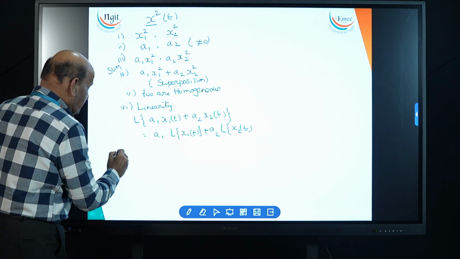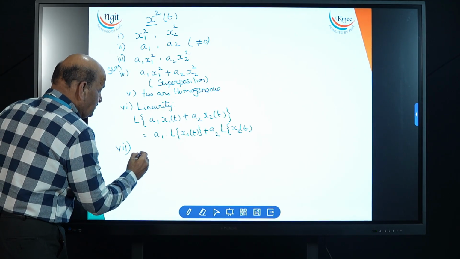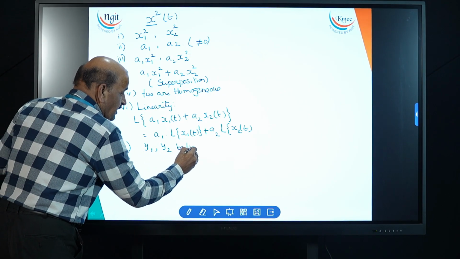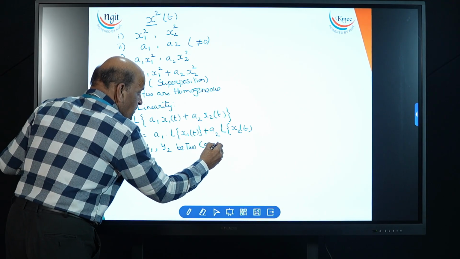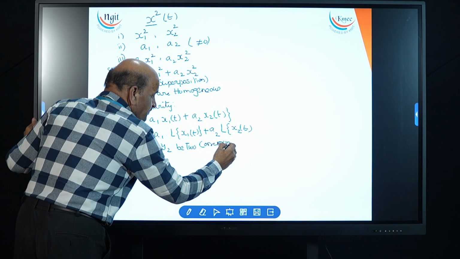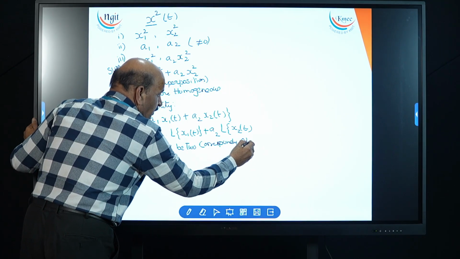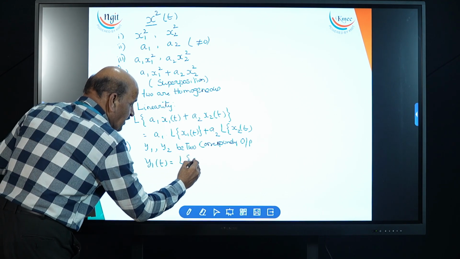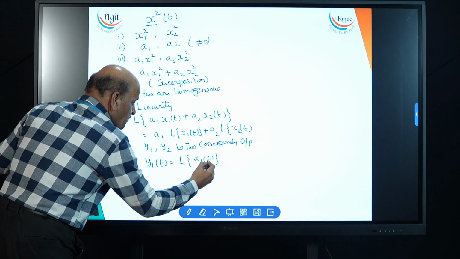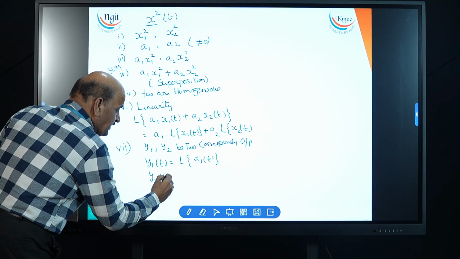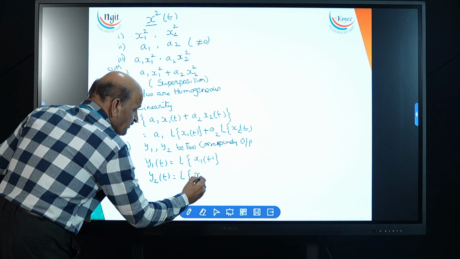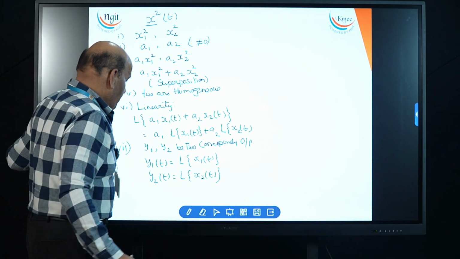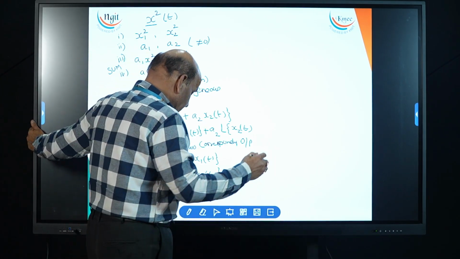Now, the seventh step: let y1 and y2 be two corresponding outputs, such that y1 of t equals the transformation of x1 of t, and y2 of t equals the linear transformation of x2 of t. All these are basic verification steps required.